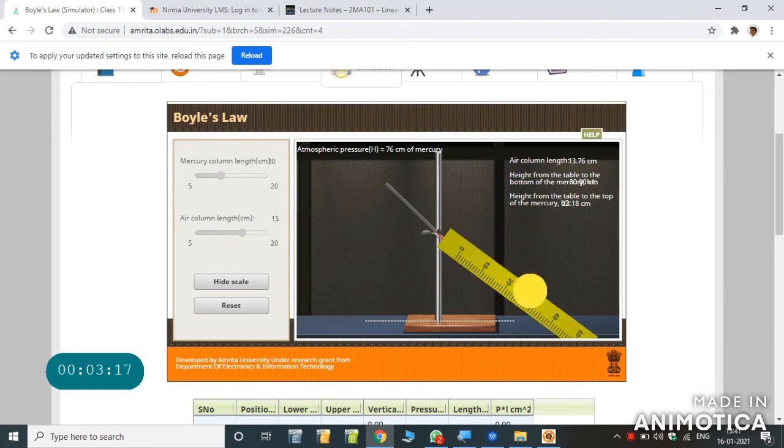Now we will measure the h1 and h2. Here it's already given that h2 is 30 centimeter and h1 is 21.18 centimeter. So let us measure it.